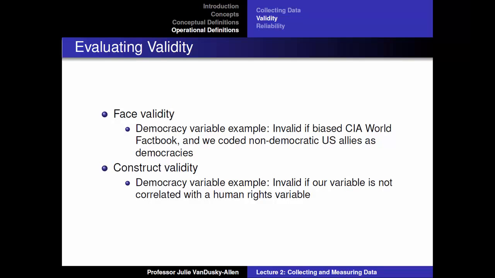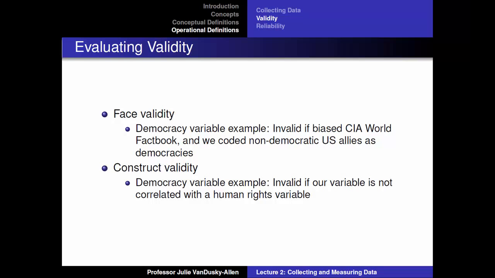There are several different ways we can evaluate whether a variable is valid. We can use the face validity test, where we simply look at how a variable is coded and think deeply about whether it is logically coded. For example, we could look at our democracy variable and think deeply about whether there may be reasons the variable might miscode some cases.